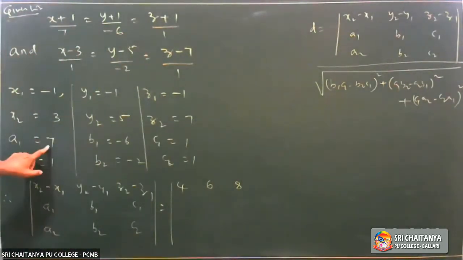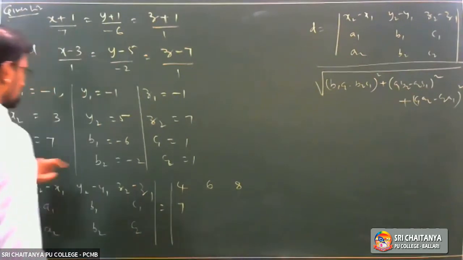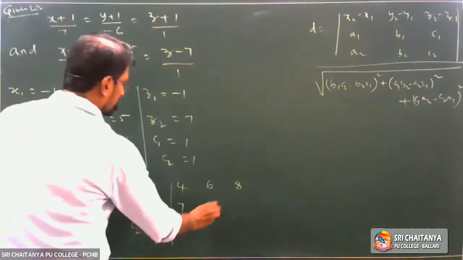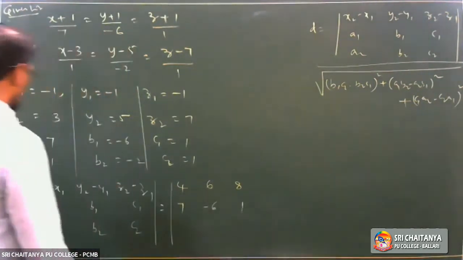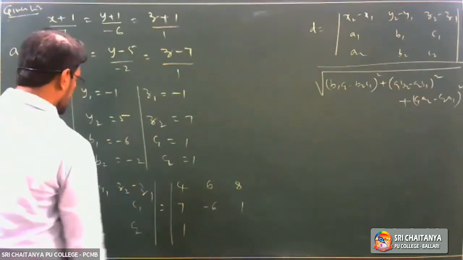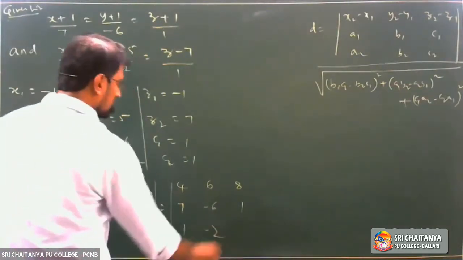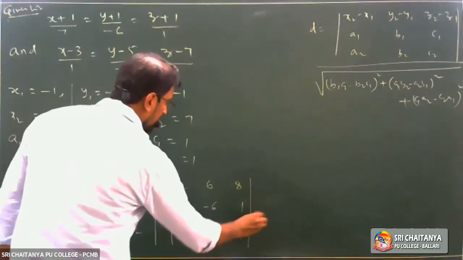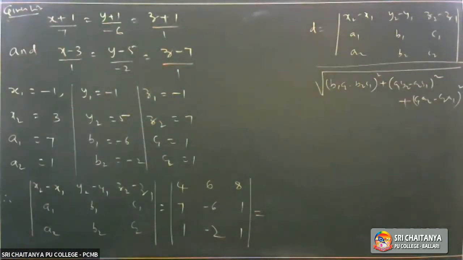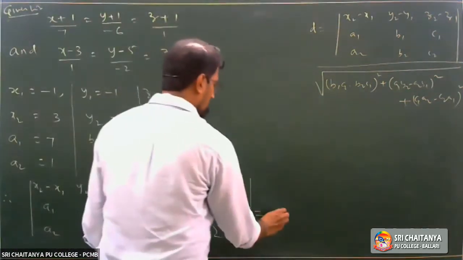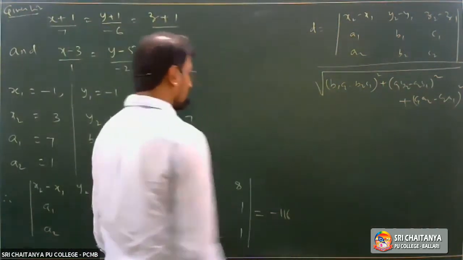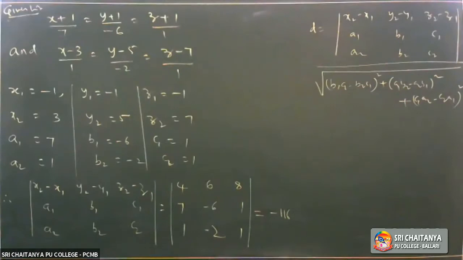Similarly, a1 is 7, b1 minus 6, c1 1, a2 1, b2 minus 2, c2 1. You expand this, you are going to get minus 116, I think, because this is the standard problem which we were doing. If you do this, you get minus 116, right?